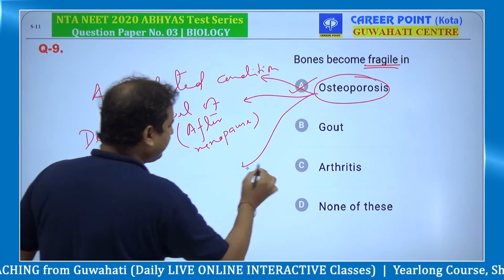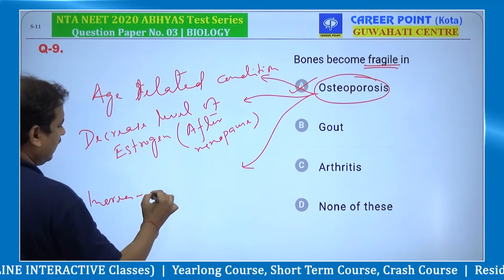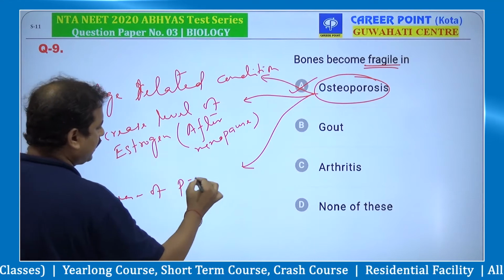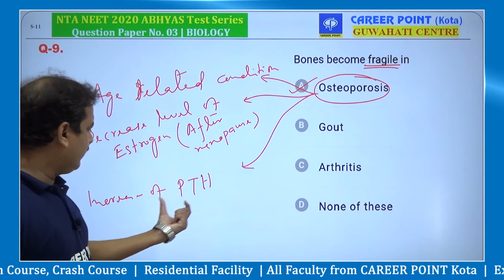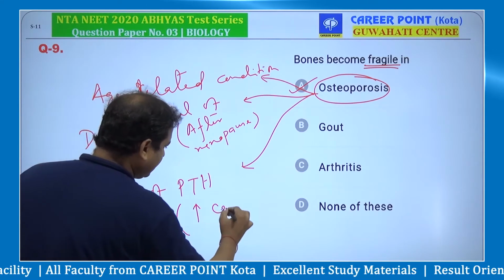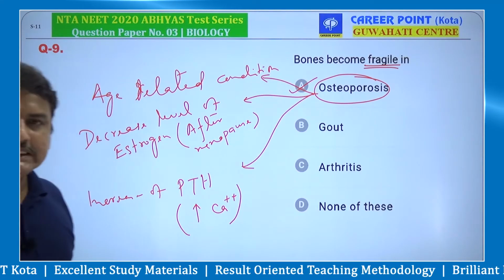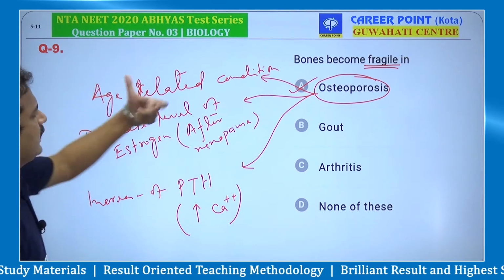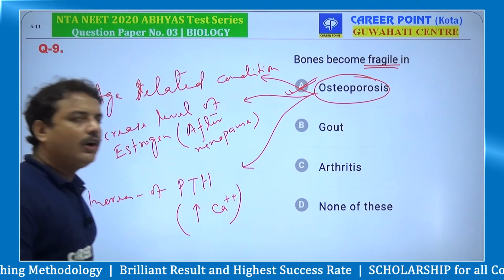Then next one, increase of PTH hormone, that is parathyroid hormone. So parathyroid hormone increases, which causes an increased level of calcium ion, and that causes breakdown of bone cells. So these are the conditions in which osteoporosis occurs. So the answer here is, bone becomes fragile in osteoporosis.